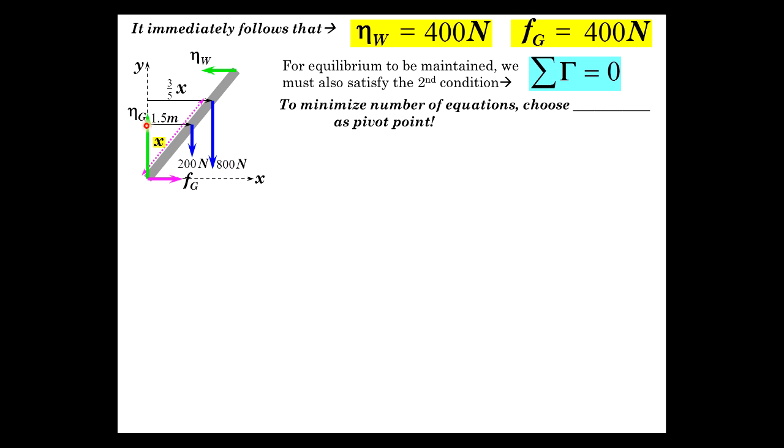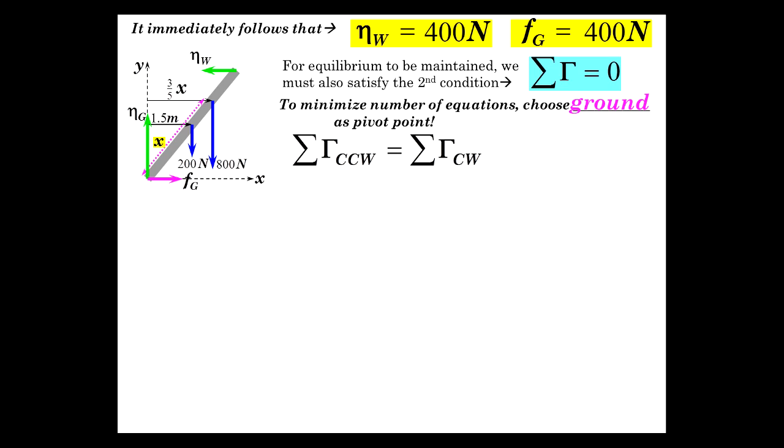In other words, right here, the line of action of both of these forces goes through the pivot point, therefore the torques are 0. So those terms will be 0, and we'll just have the other terms to deal with. So that is a nice logical choice: picking the ground as a pivot point.